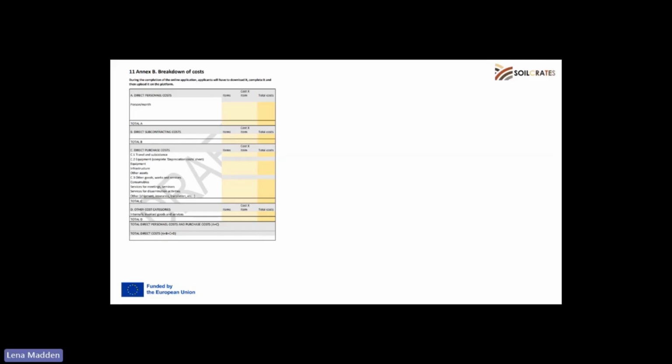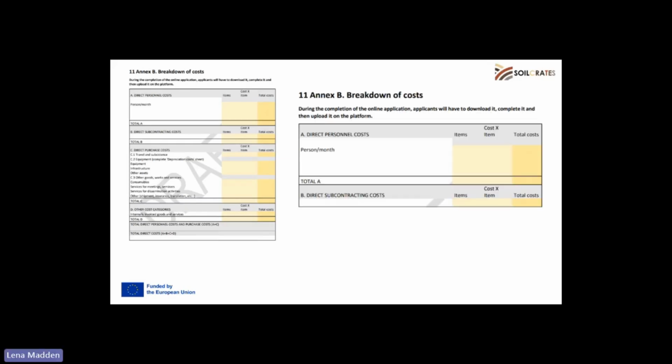Okay, so there is a one-pager that you would have to upload with your application template. So the first part is the personnel cost. So it is your own cost per month.